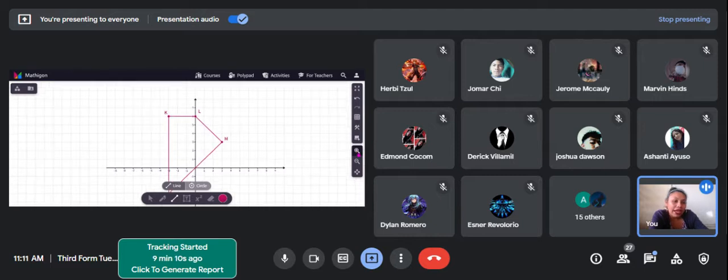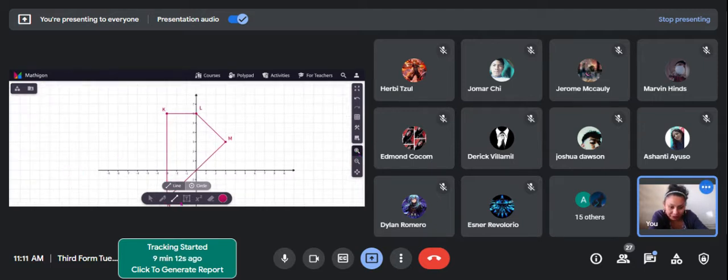So what I am going to be doing now, my first point was K, and K was -3, 6, right? My new point, which is going to be K1, what is -3 times 1/3?